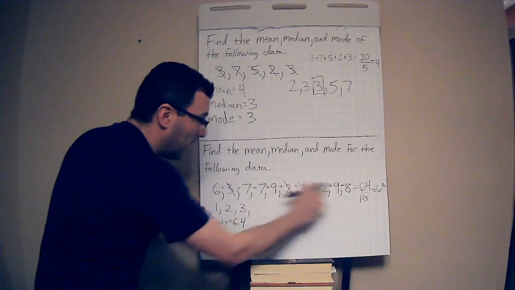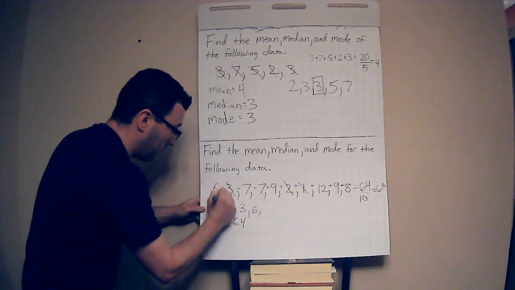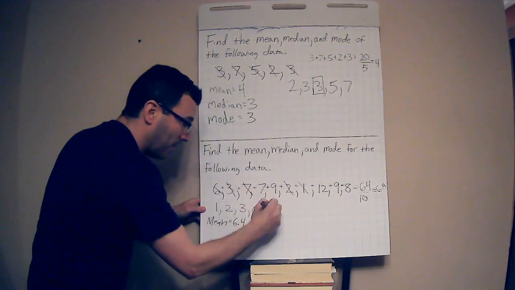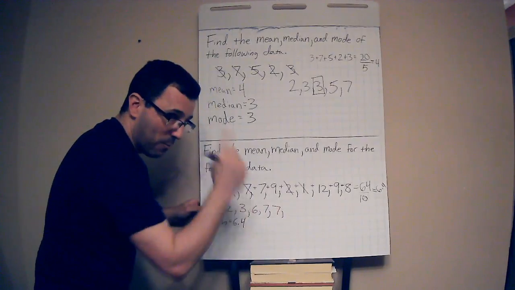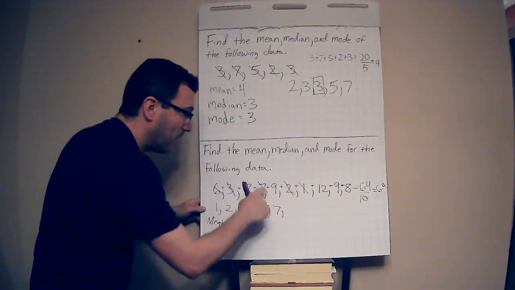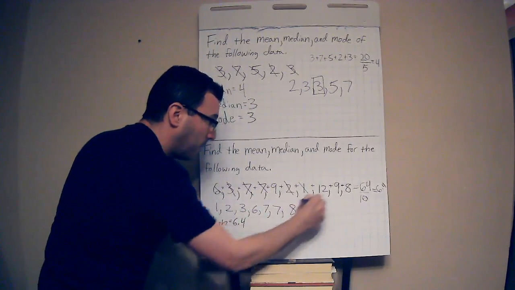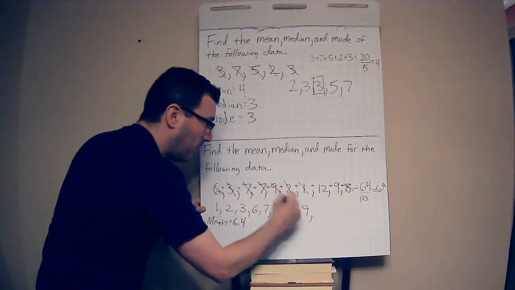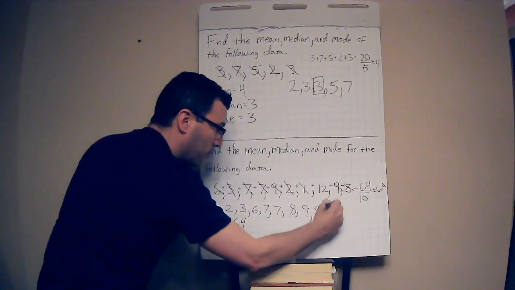No 5's, but I got this 6 right here. Got a 7. Got another 7. Ooh, I gotta remember that for later. There's an 8. A 9. Another 9. And a 12.